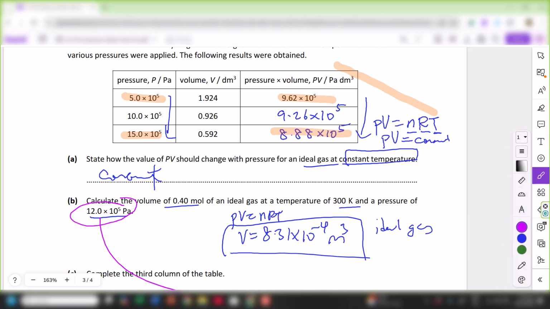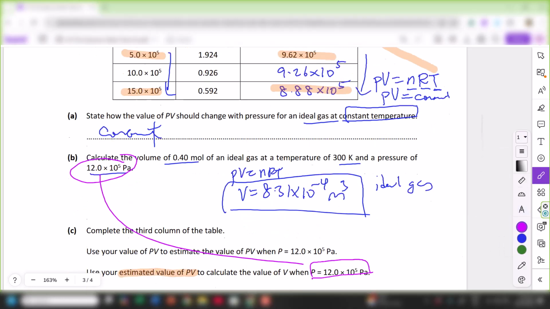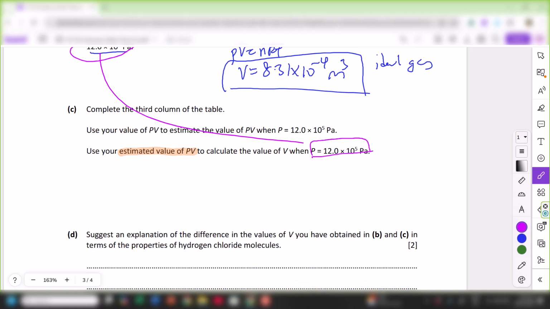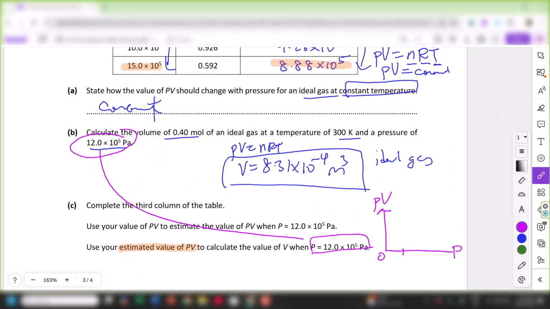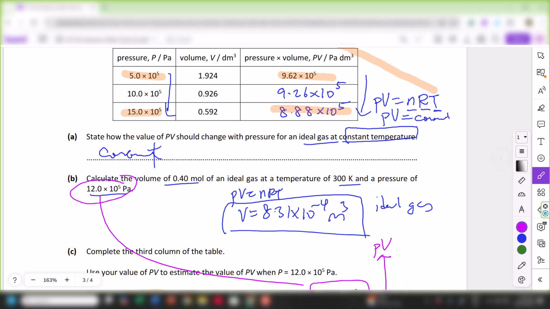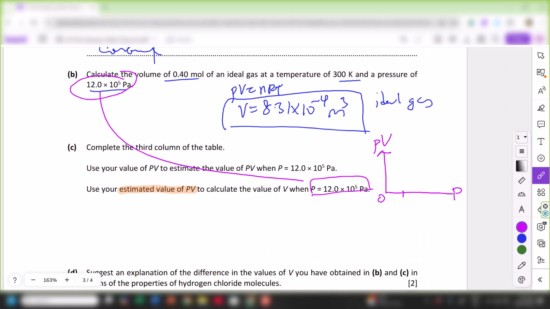So we probably want to expect this graph. We are really looking at something like this. PV against P, and a few points. That is 10 to the power 5. So that's 5.0, 10.0, 15.0.